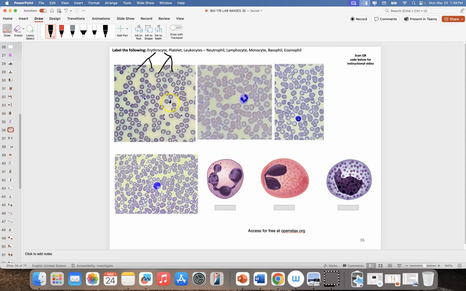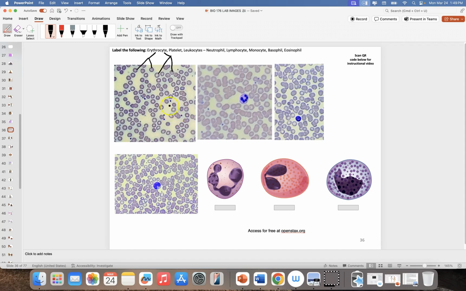Then we can see these little cell fragments here. So we've got a variety of little cell fragments, and the little cell fragments that we have are going to help with blood clotting, and those are known as platelets.